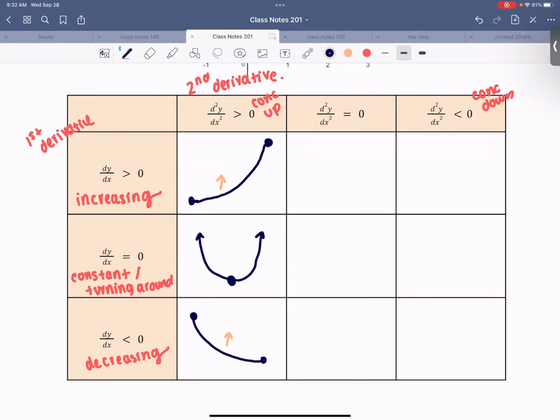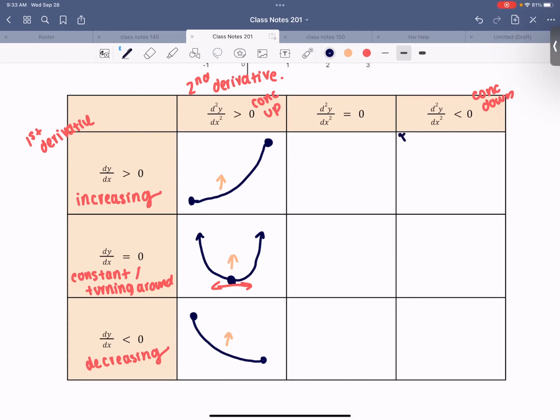I'm constant at this point. I'm still concave up, but if I drew a tangent line, the derivative would be 0. Any questions on what I've done so far? All right, let's skip the middle column first and do the easier one as we go concave down.